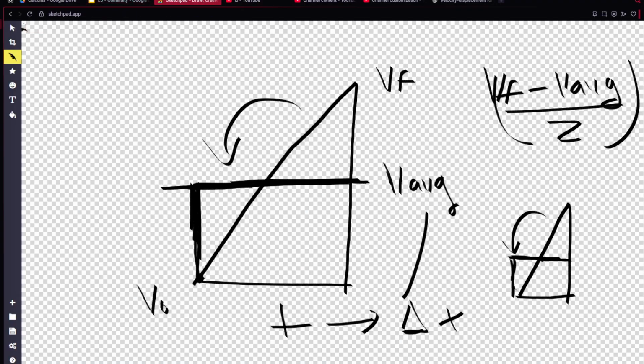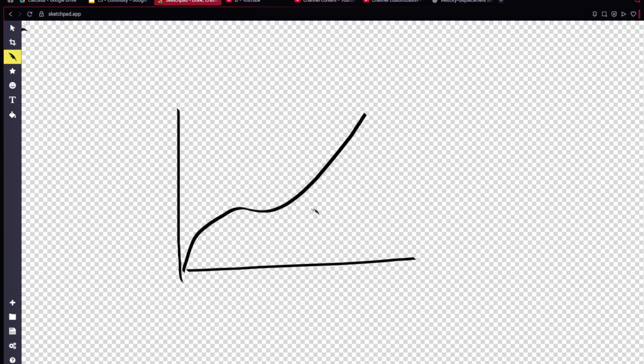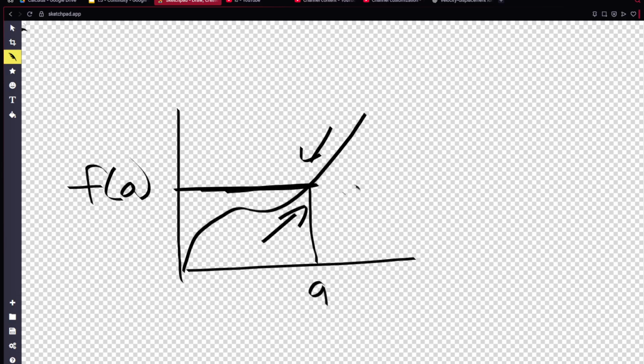So if I had to draw a graph, sorry, that was my average velocity proof. We had something like this, and this is f of a. We'll say f of a, or sorry, that wouldn't be right actually. This would be the right notation. The limit as x approaches a also has to be equal to f of a.